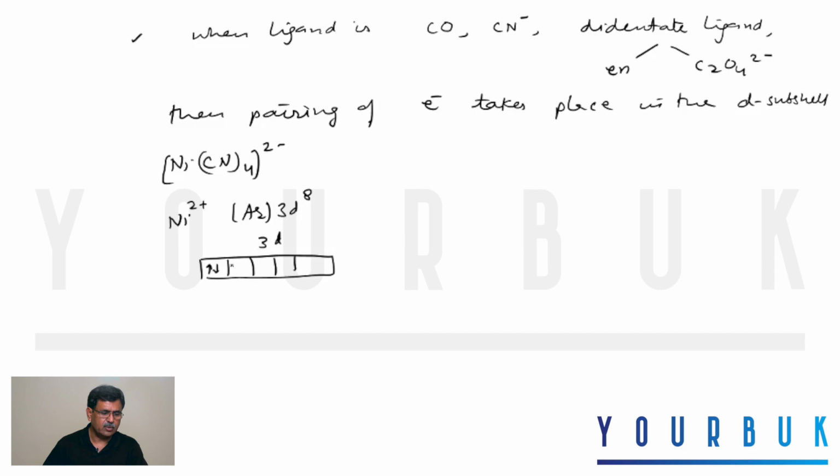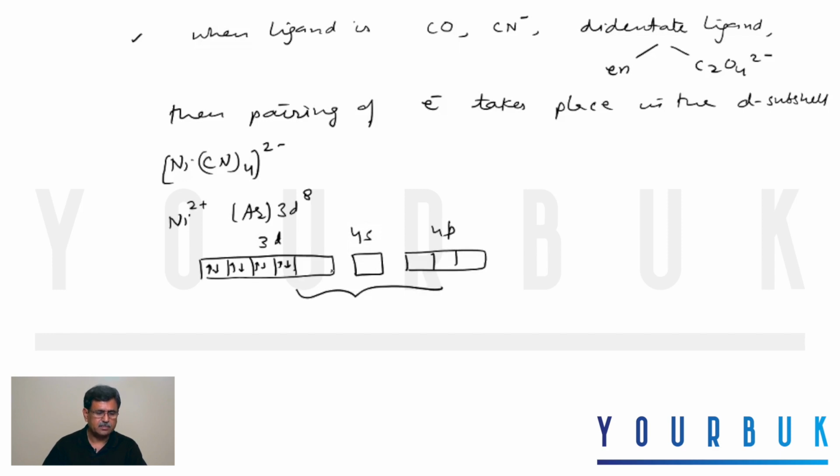One of the d atomic orbitals is empty. As a result, nickel uses one atomic orbital from the 3d subshell, and since the coordination number is 4, it uses one from the 3d, one from the 4s, and two from the 4p.